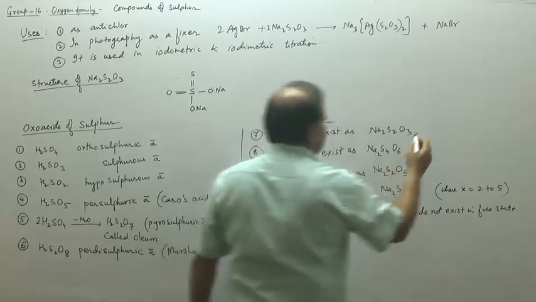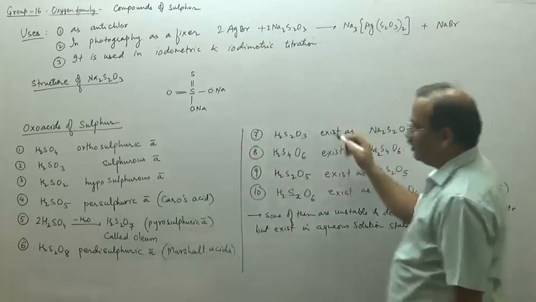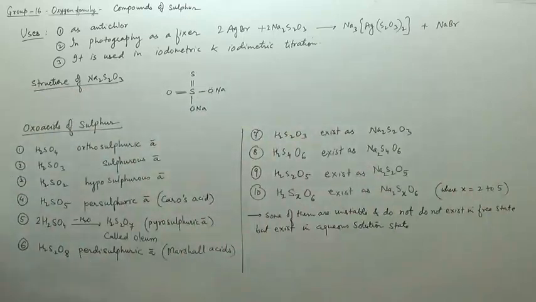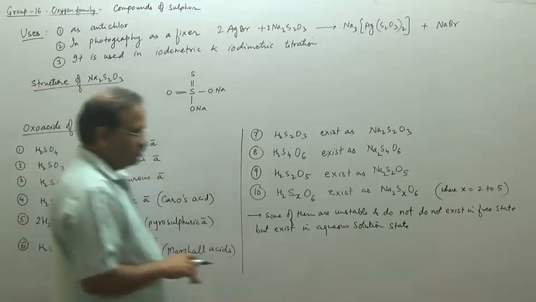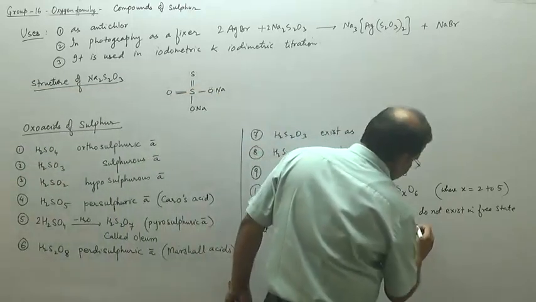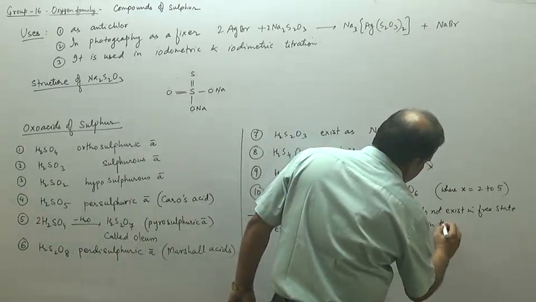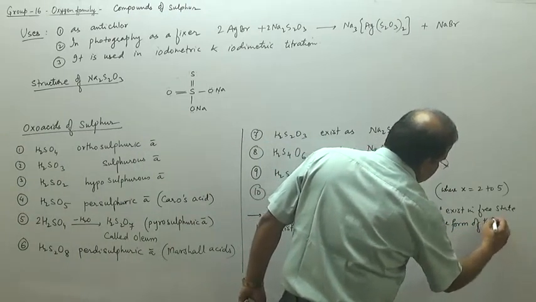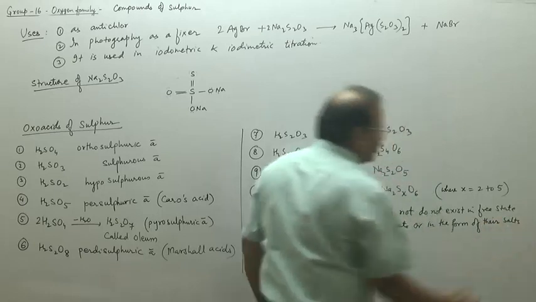So these are those acids which exist in solution state, 7, 8, 9, 10. These are those acids which exist in solution state in the form of their salts. So that is how they exist.